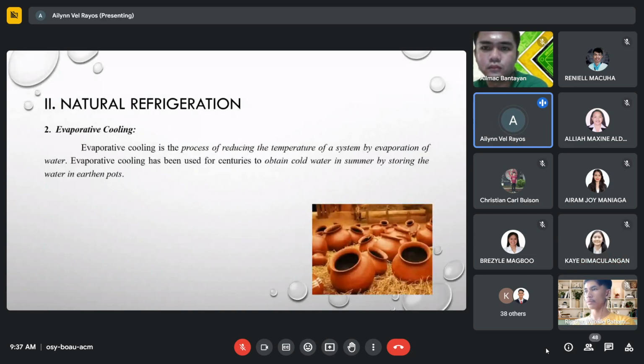So next we have evaporative cooling. Earlier we mentioned the earthen trays. These are visual representations of them. Maybe in the K-dramas you have watched, for example in North Korea, there are stores they use to keep their meat and food, located below ground and using earthen clay with insulation.